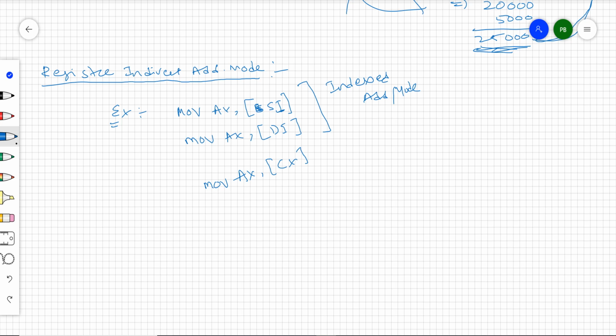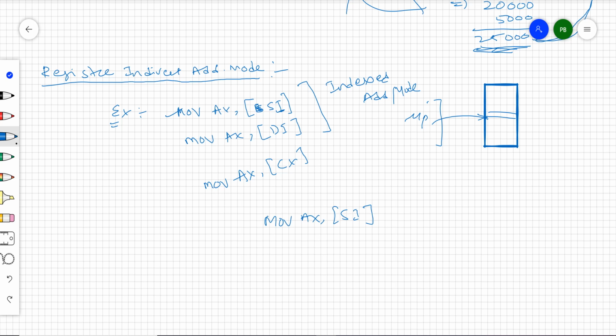What you need to understand here is, while executing this particular instruction, how is it going to access the external memory location? For example, the first instruction, move AX comma SI. What will happen?